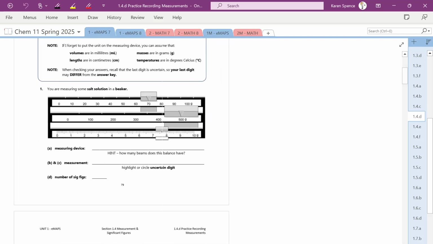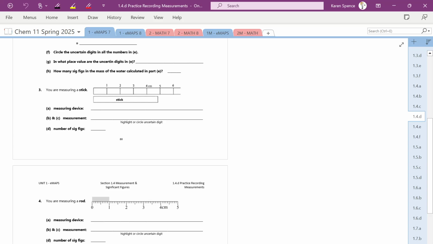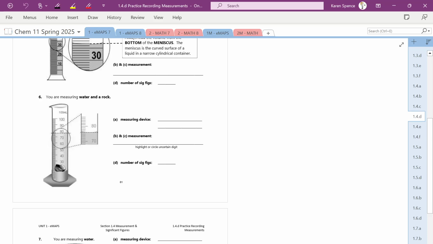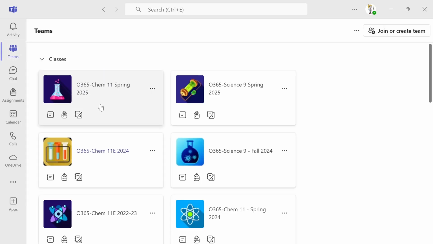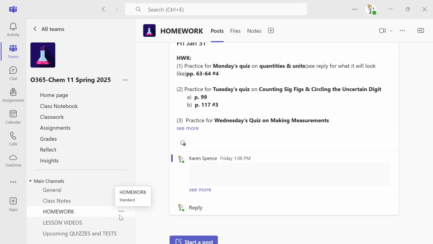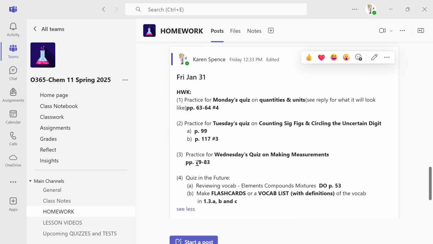What did I assign here? Did I assign 79 and 80? Yeah, I did already assign that. Let me look. I'm so sorry. Sorry for wasting your time like this. Chem 11 homework. 79 to 83.